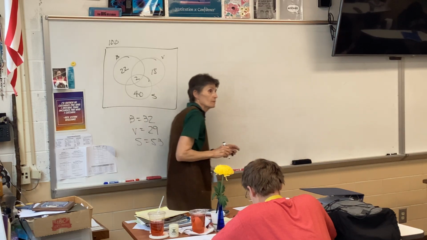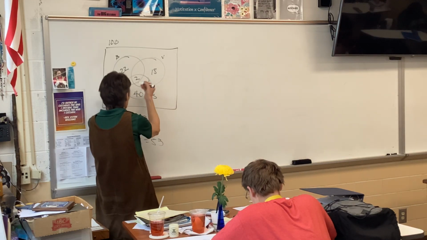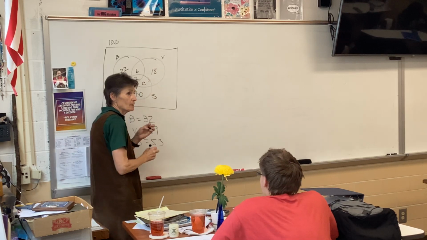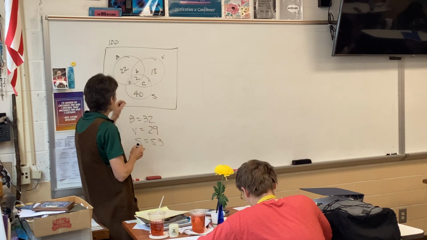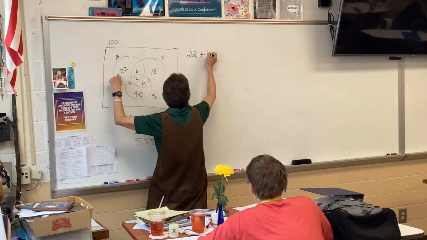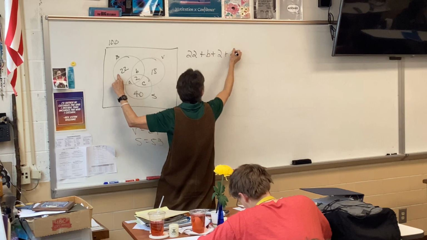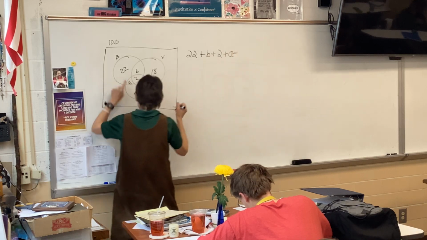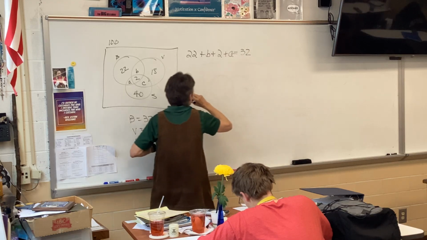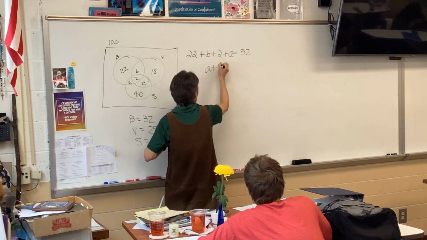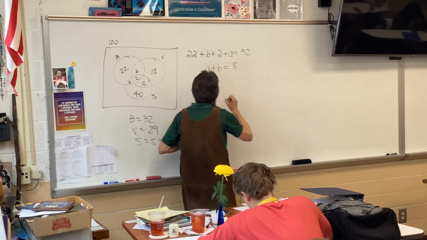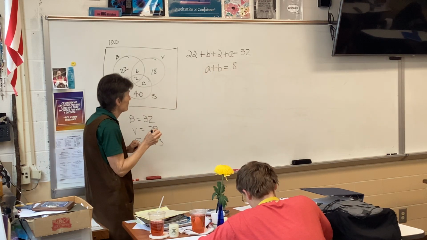We gave these letters, so I could call this A and B and C. Then we know that 22 plus B plus 2 plus A has to add up to 32. Which means A plus B has to add up to 8. Should I subtract, right?